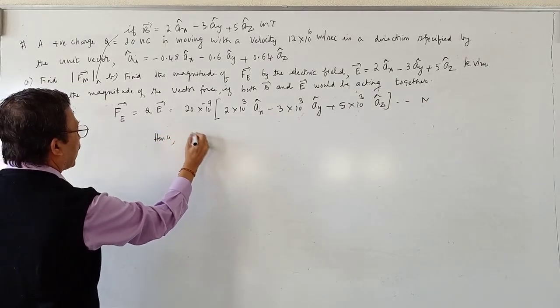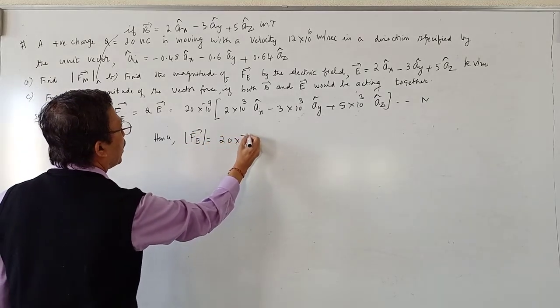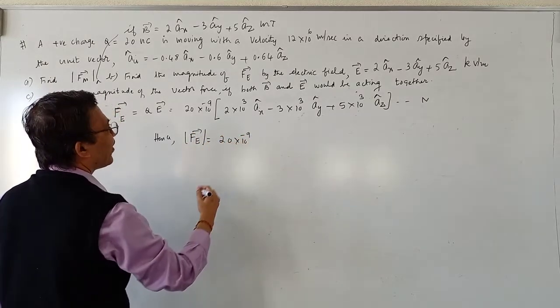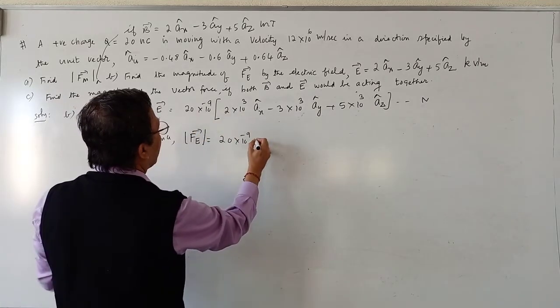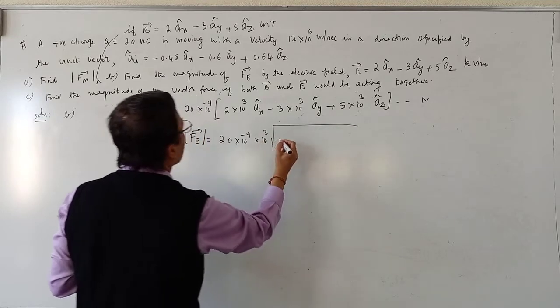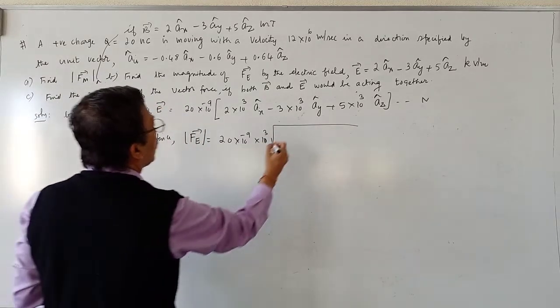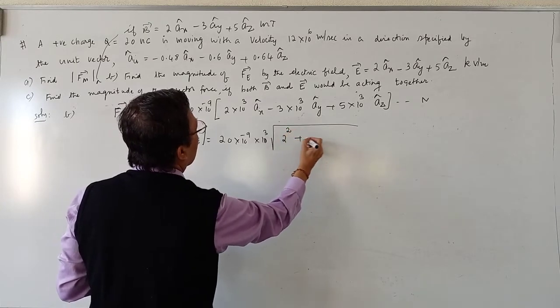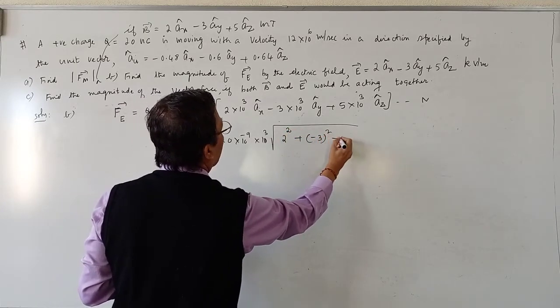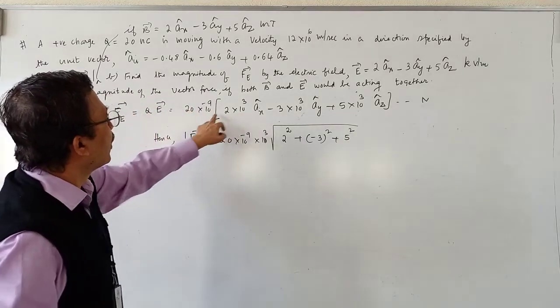Hence magnitude of vector Fe is equal to 20 into 10 to the power minus 9. This 10 to the power 3 I will take out, 10 to the power 3 into square root of 2 square plus minus 3 square plus 5 square. 10 to the power 3 is taken out.